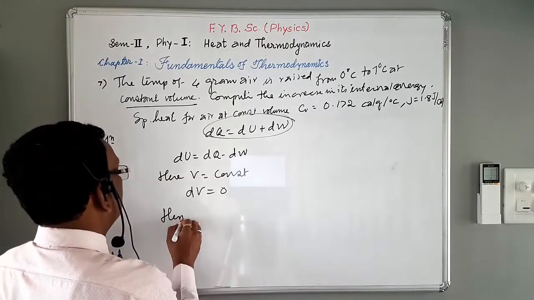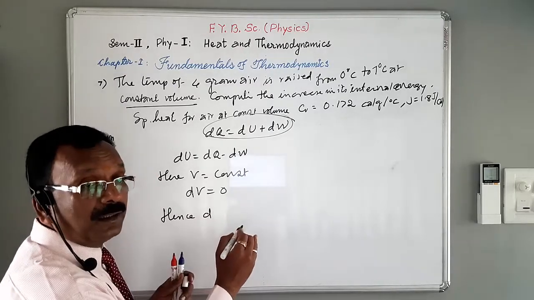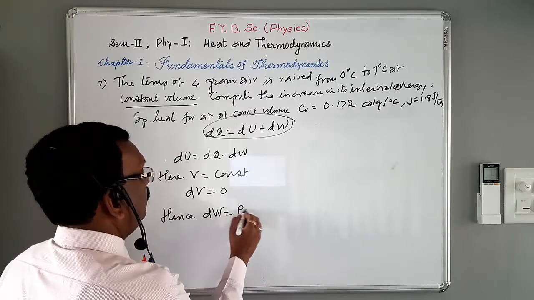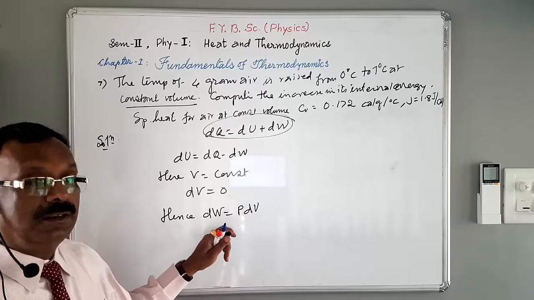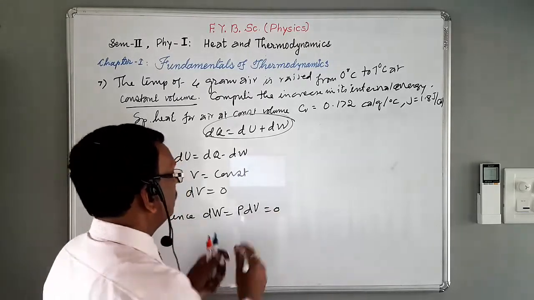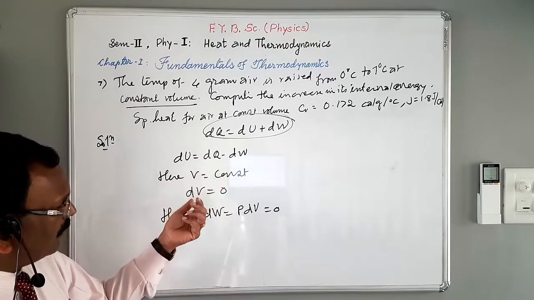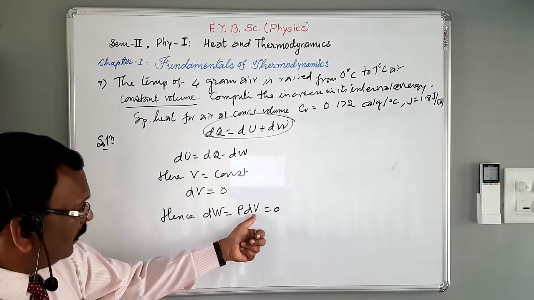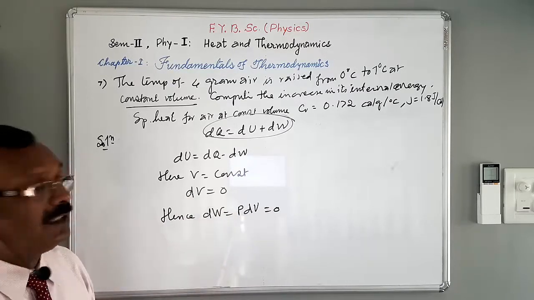Hence dW is equal to P dV, which is also 0. If there is no change in volume, then change in volume into pressure is 0, therefore work done is also 0.